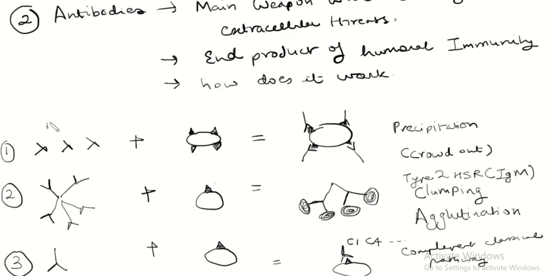So here you have antibodies against a particular antigen, because remember, now we are adaptive, okay? And this bacteria has that antigen, and they attach to it and crowd it out and cause precipitation.